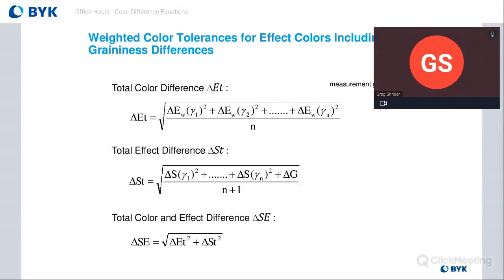And then the graininess: sparkle is for direct illumination, and graininess is for diffuse illumination. Or in the automotive industry, what they refer to as how does that look on a sunny day versus how does it look on a cloudy day? And that would be your total effect difference. And then in some cases, people will combine those for total color and effect differences, or delta SE. And that's just, again, taking both of them and the square root of that particular answer.